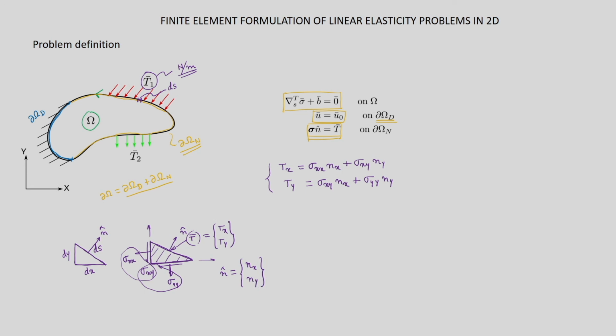So this I can rewrite as the T vector, comprising Tx, Ty, equal to the matrix sigma xx, sigma xy, sigma xy, sigma yy, times nx, ny.